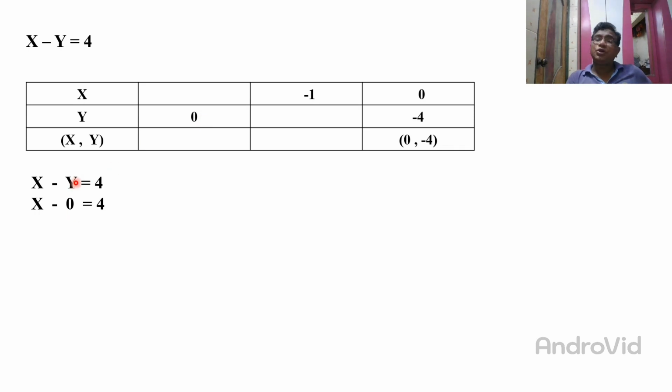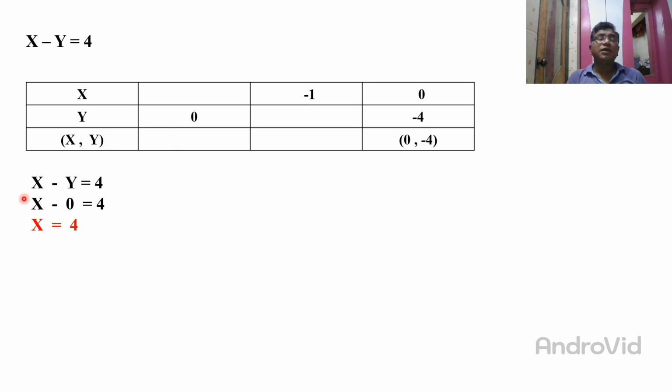So instead of y I write 0 here. All of my students know very well that 0 has no sign. So x remains as it is, and 4 plus 0, you are getting 4. So x is equal to 4. So here we write the x value 4, and your right answer is 4 and 0.